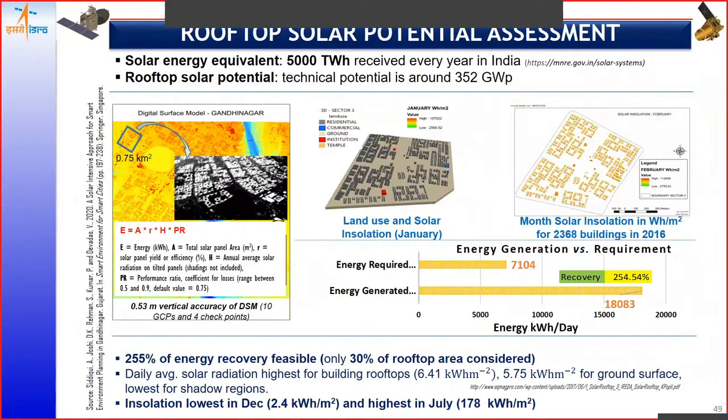Another good example is the rooftop solar potential assessment. Here in this example, one can do the georeferencing of the satellite data, and then one can map the rooftop. Once you know the rooftop, then you can also compute the satellite data driven solar irradiance.